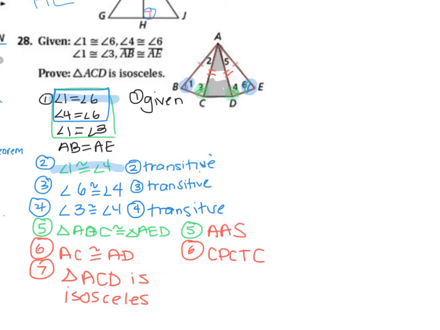What does isosceles mean? Two sides are congruent. In that little center triangle, are there two sides congruent? So what would be your reason there? What makes something isosceles? Two sides are congruent. What's that called? Side and side. If I drew this picture and I said, is that triangle isosceles?